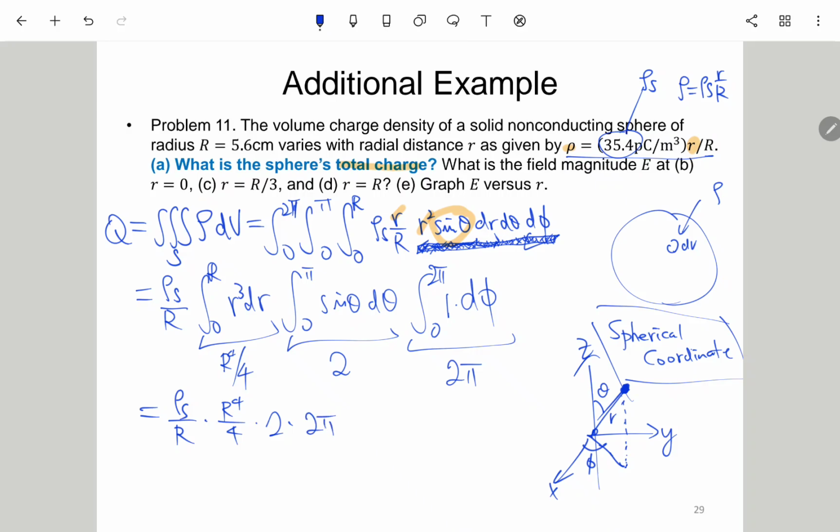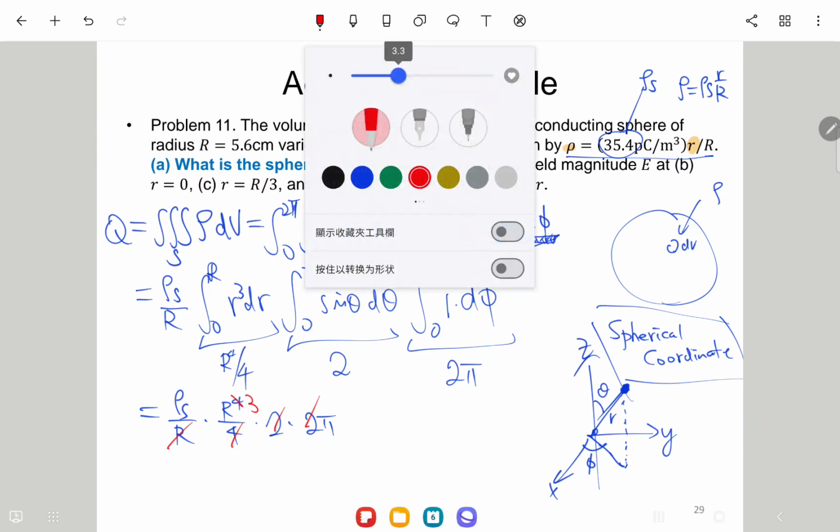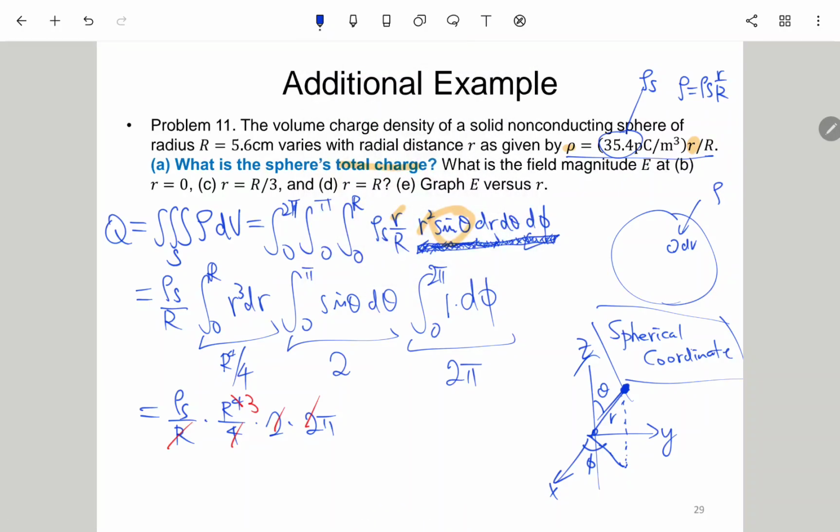Okay, so actually we can do some cancellation. This 2 and this 4, and then this r and this r to the 4th power, down to r cube. So this answer will be pi rho s times r cube.